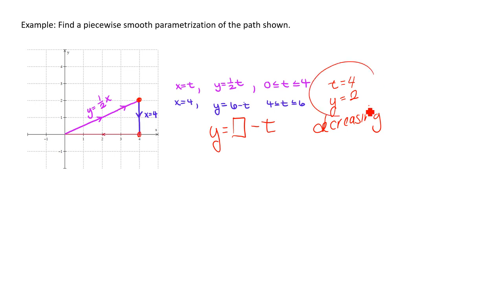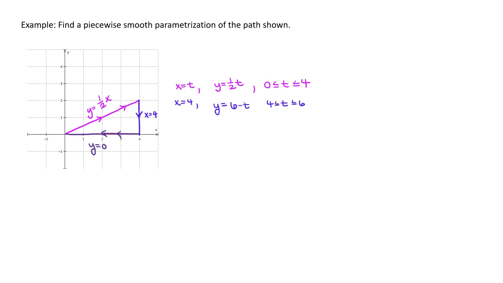And then I thought about it: when I plug in 4 for t, I want the y value to be 2, so this has to be a 6. 6 minus t would give me the y value of 2. And then you can check: if this has to end at y equals 0, then the t values would go up to 6. So that's how I got those parametric equations.